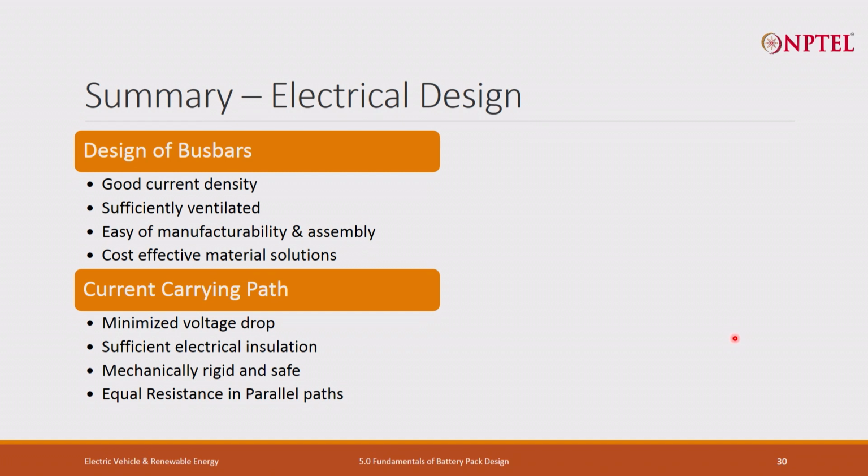It should be mechanically safe and rigid, so that even in adverse conditions it does not wear out or break. If we have to divide the current into multiple paths, all the paths should have equal resistance.